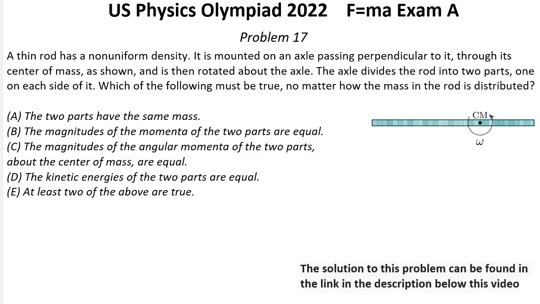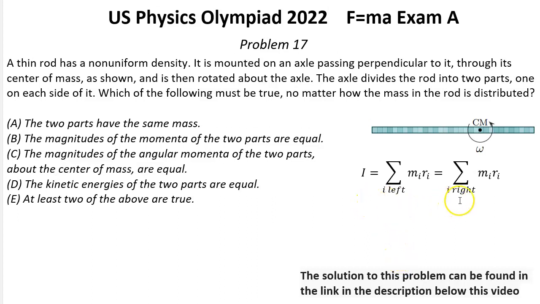For simplicity, let's suppose the rod is made of discrete masses; the reasoning is exactly the same if the rod is continuous. By the definition of the center of mass, if Ri is the distance of mass Mi from the center of mass, then we have the next relation between left and right.